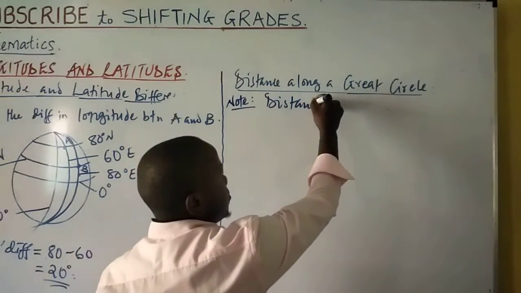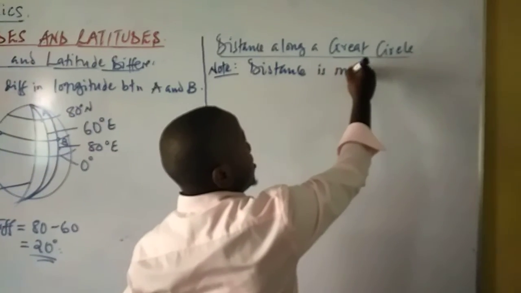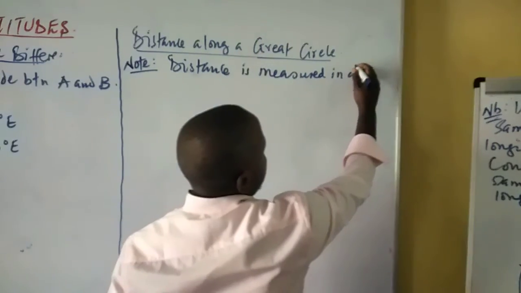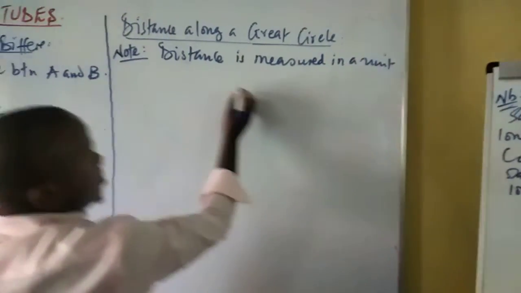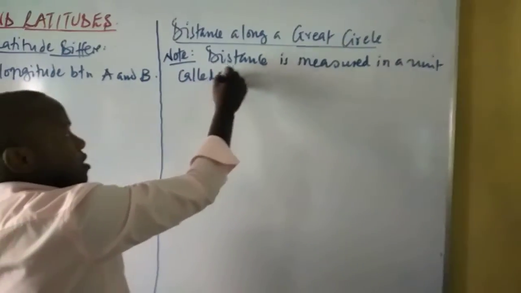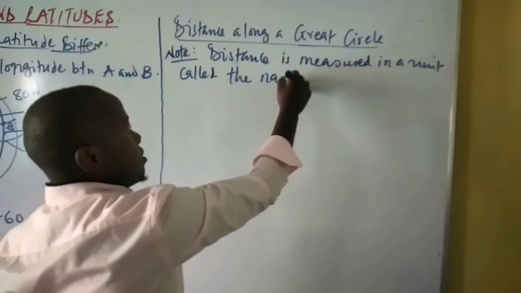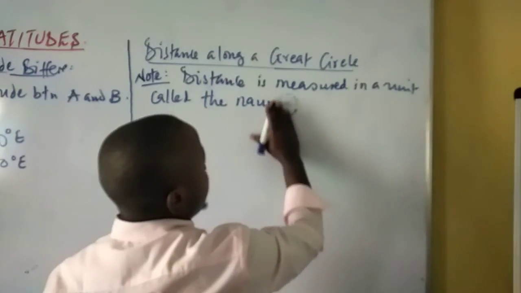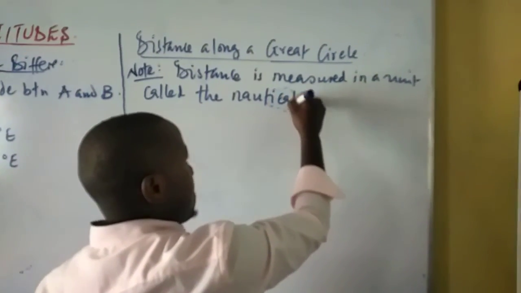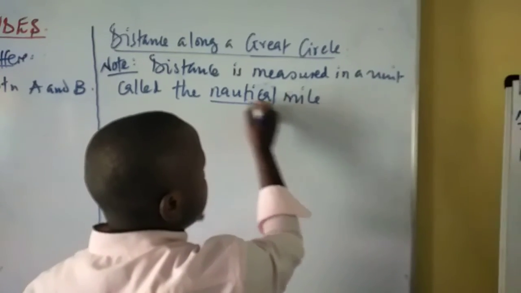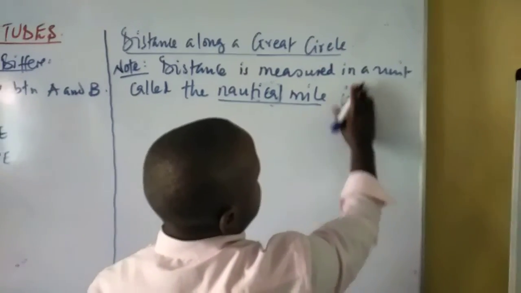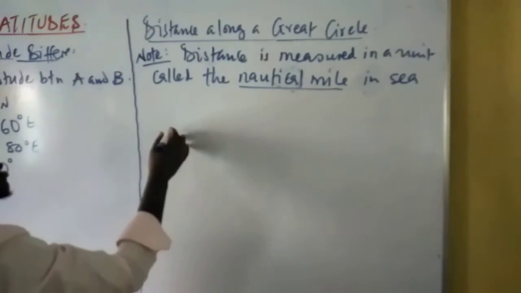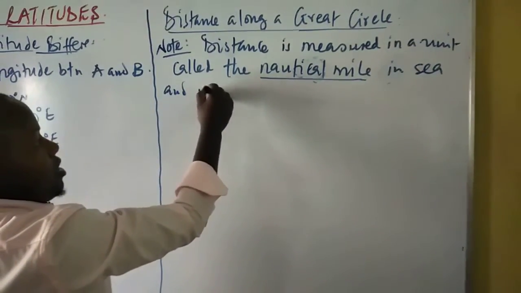distance is measured in a unit called the nautical mile. The nautical mile for sea, or in the sea, and in the space.